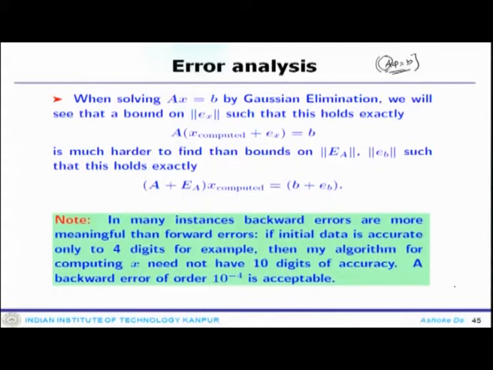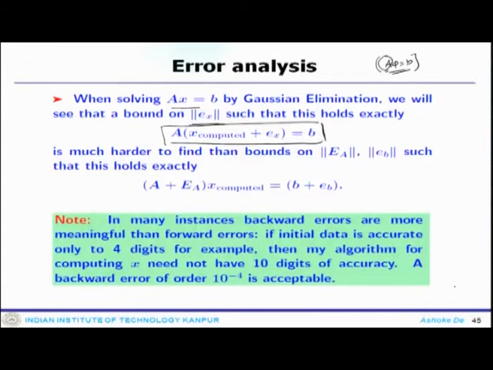When you try to find the solution for A x equals B, one very common approach is Gauss elimination. While solving through Gauss elimination, A x equals B, we see that the bound on the error norm would be like this, A x plus computed plus E x.